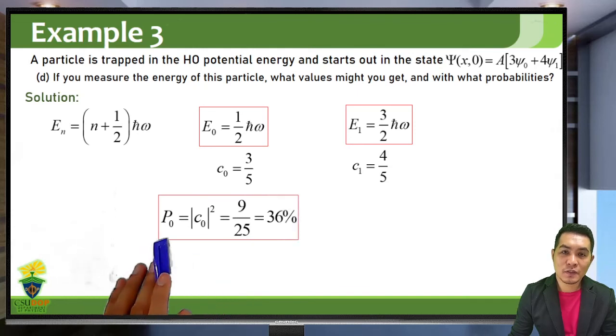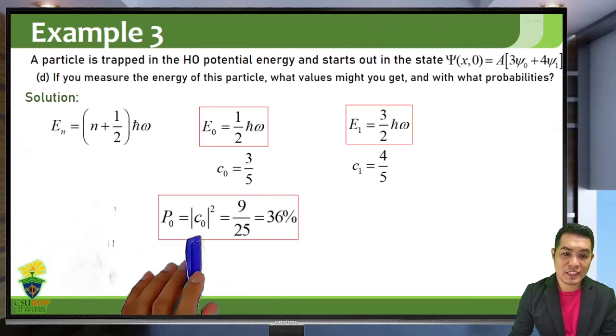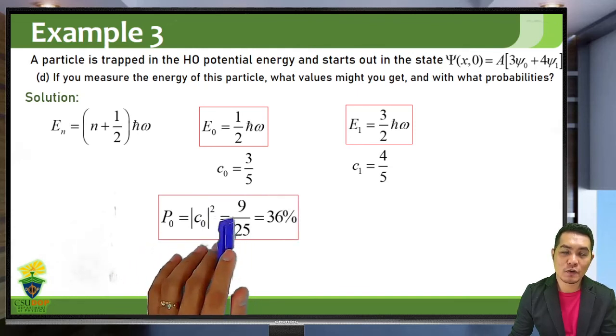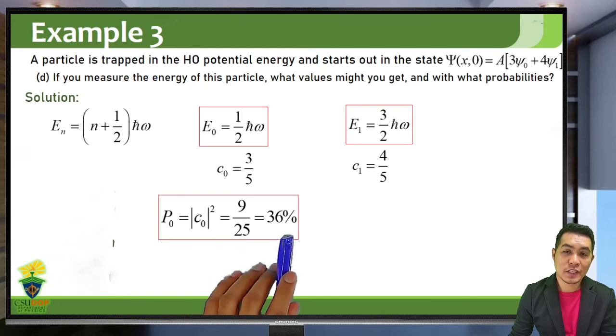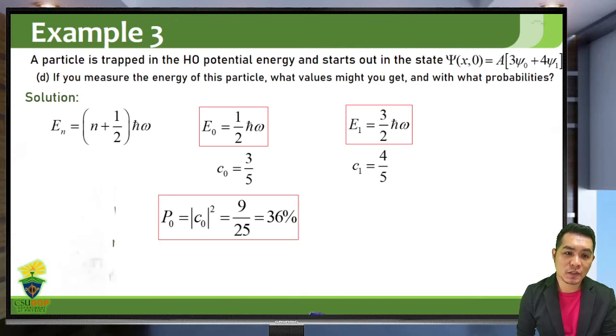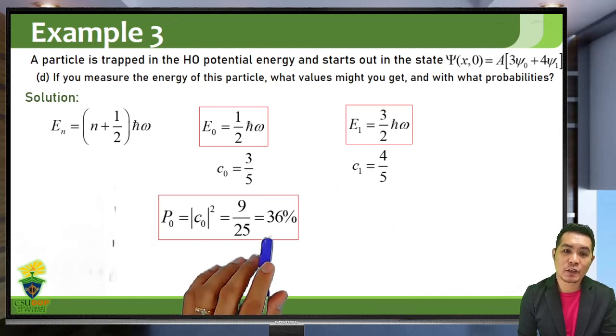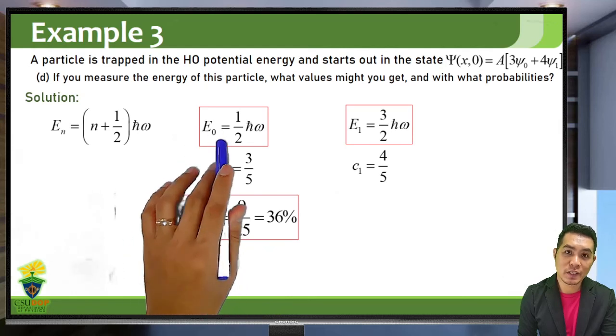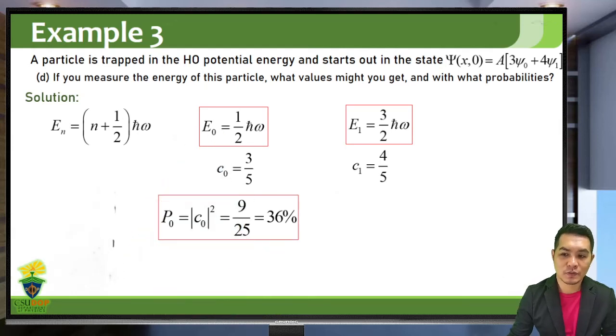Therefore, the probability C sub 0 squared is 9/25, or 36%. This is the probability that if you measure the energy of the particle, it's 1/2 h bar omega. It's the same as saying that if you determine the state of the particle, there is a 36% chance that you will find it in the ground state, psi 0.